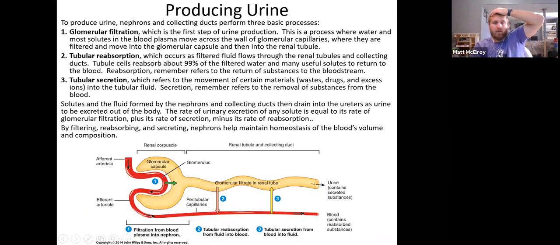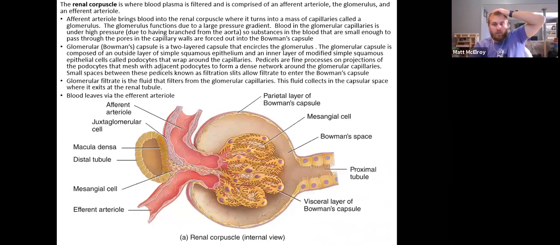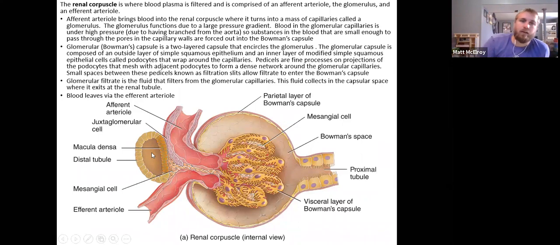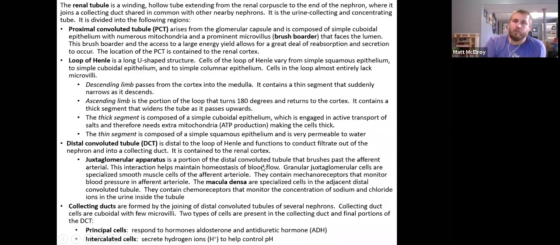So going back to this figure again, if we're tasting, and I'm using that very loosely, these cells are realizing that we're not returning nutrients back to the blood, we're going to end up peeing those out. These cells are going to tell the afferent arteriole to close up, slow down the flow of blood into the glomerulus so that the flow of filtrate is much slower.